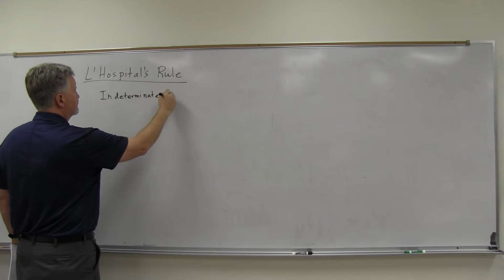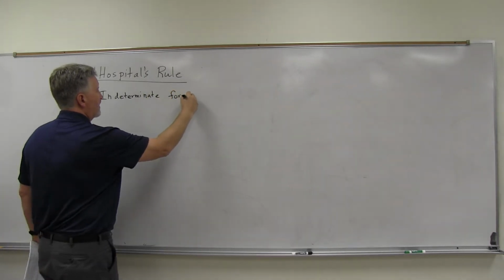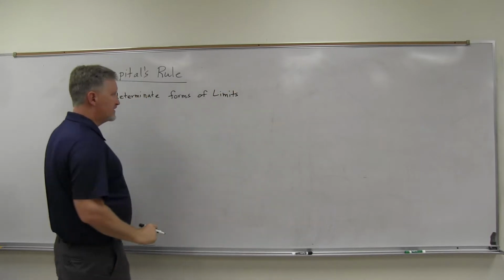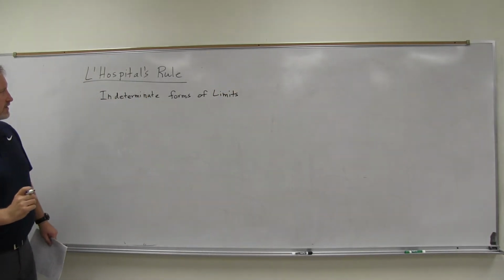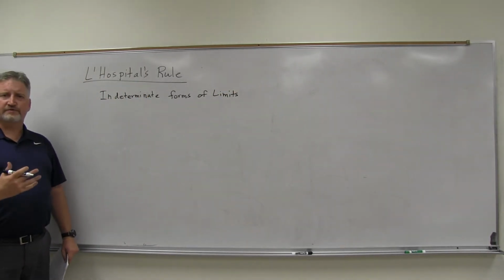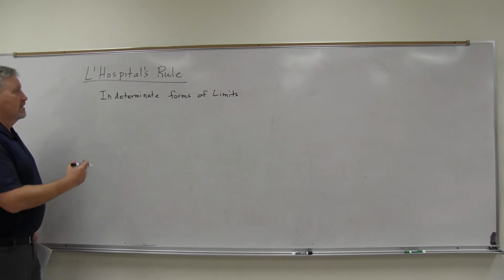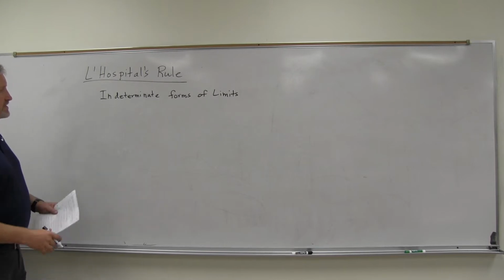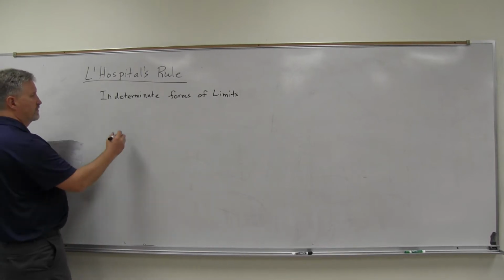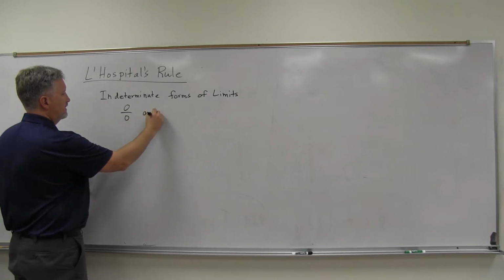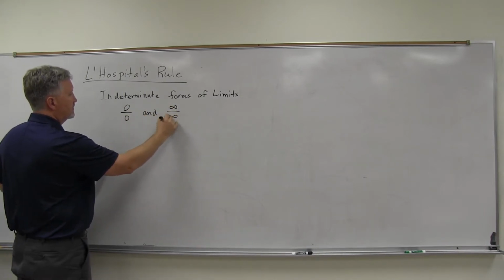Spell that. And the two we start with here, two indeterminate forms, in other words, forms where you can't tell right off the bat what they do. The two forms for L'Hopital's rule are 0 over 0 and infinity over infinity.